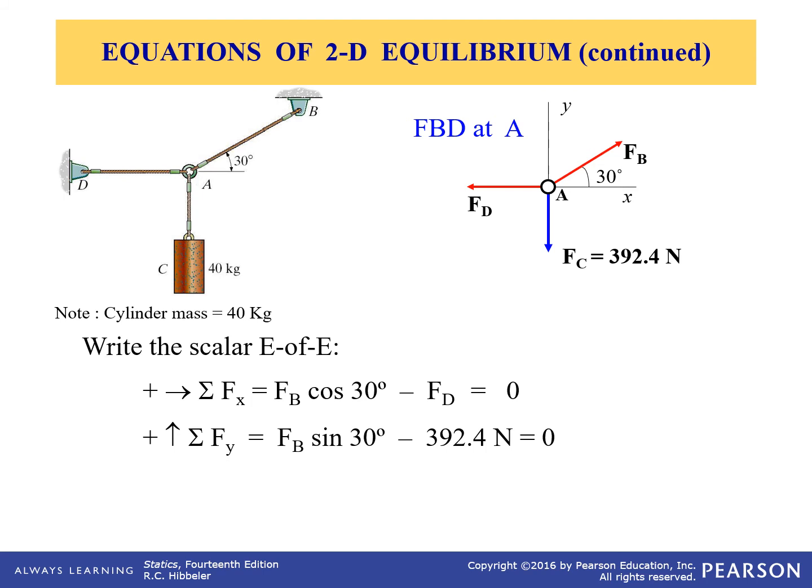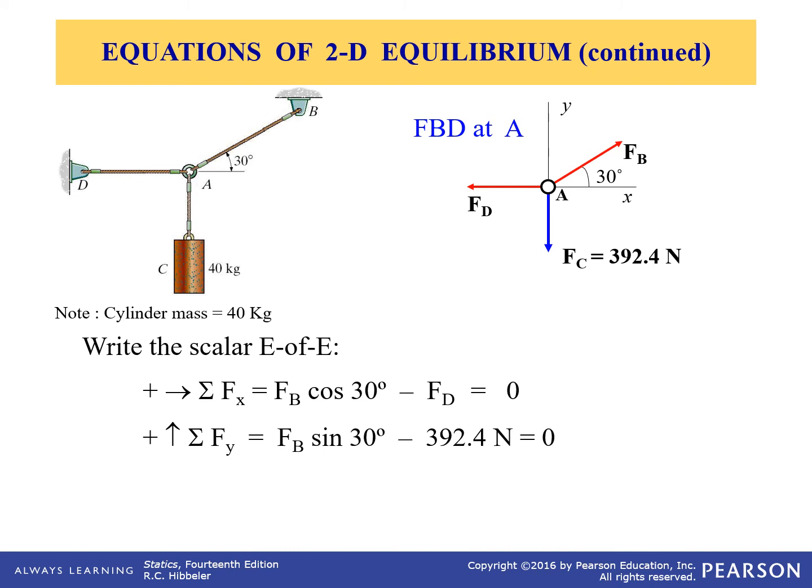So what do we have acting in the X direction? In the X direction we have an X component for the AB, and we have the D force acting in the negative X direction. What do we have acting in the Y direction?